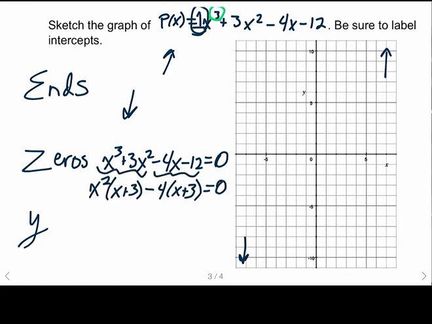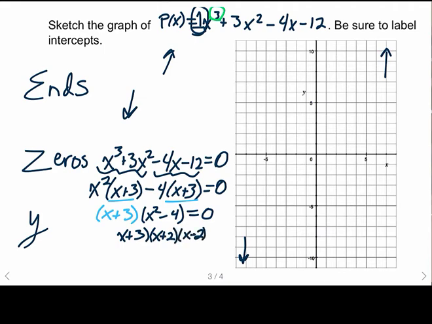We end up with x squared times the quantity of x plus 3 minus 4 times the quantity of x plus 3. And if you remember how to factor by grouping, then you know we can factor out an x plus 3. We're left with x squared minus 4. That product equals 0, and so x plus 3 times x plus 2 times x minus 2 equals 0 is the equation we're ultimately solving.